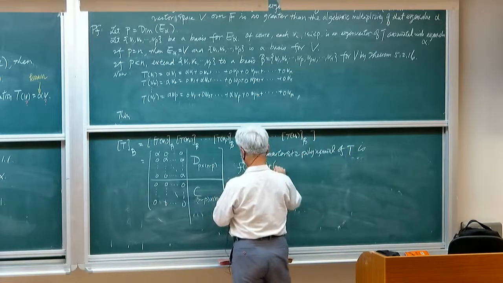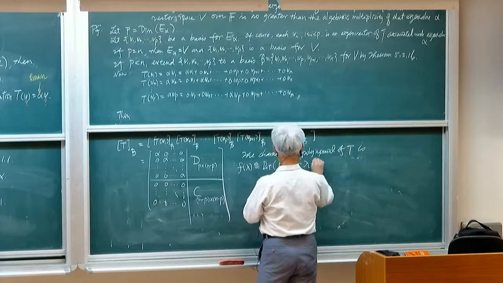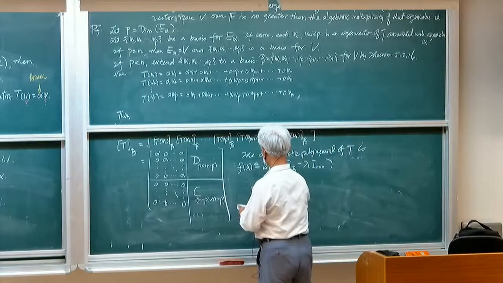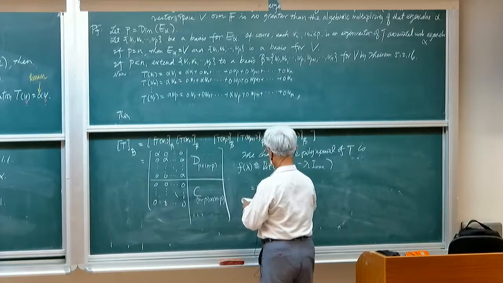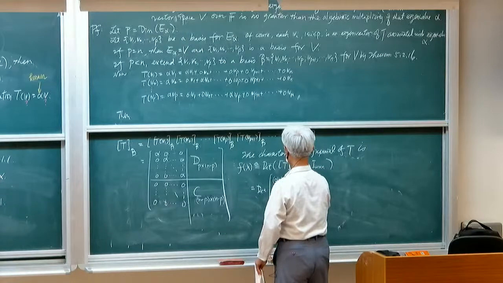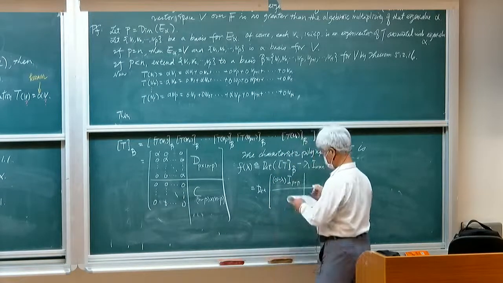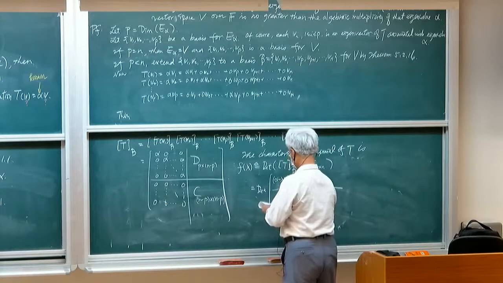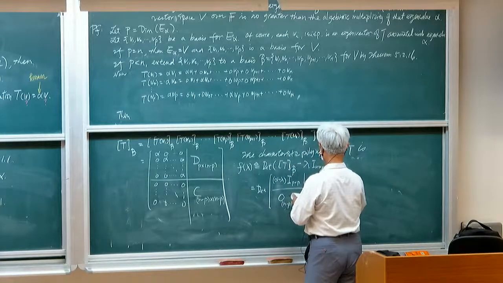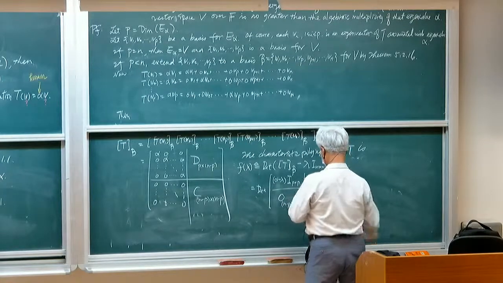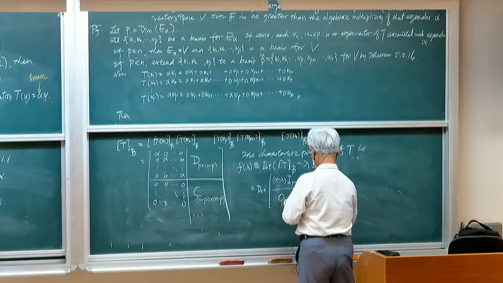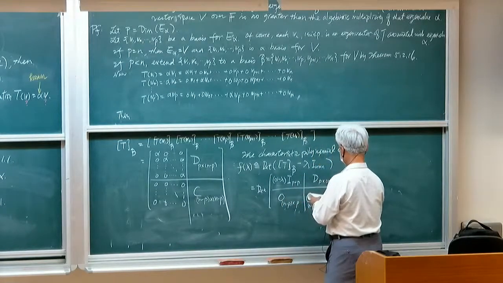This is the determinant of the matrix A minus lambda I. So this is alpha minus lambda times the identity, and we have a zero matrix, n minus P times P, and we have D, P times n minus P, and we have C minus lambda identity.